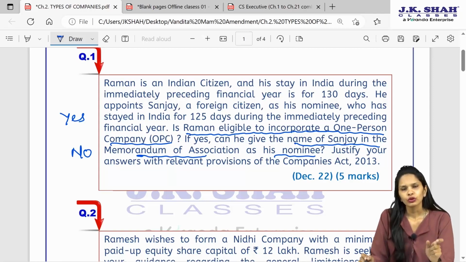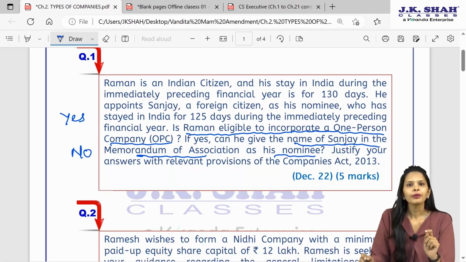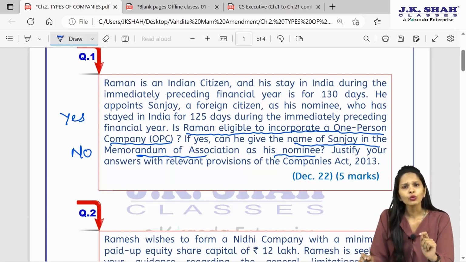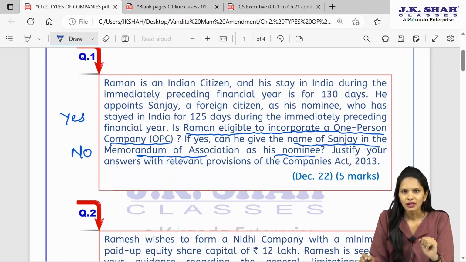As per Section 2 clause 62 of the Companies Act 2013, only a natural person and Indian citizen, who may or may not be a resident of India, can incorporate an OPC in India. The same rule applies for the nominee also. Then you have to write your arguments. With reference to the above provision, as Raman is an Indian citizen, he can incorporate an OPC in India. But Sanjay's name cannot be given as a nominee in the Memorandum of Association.